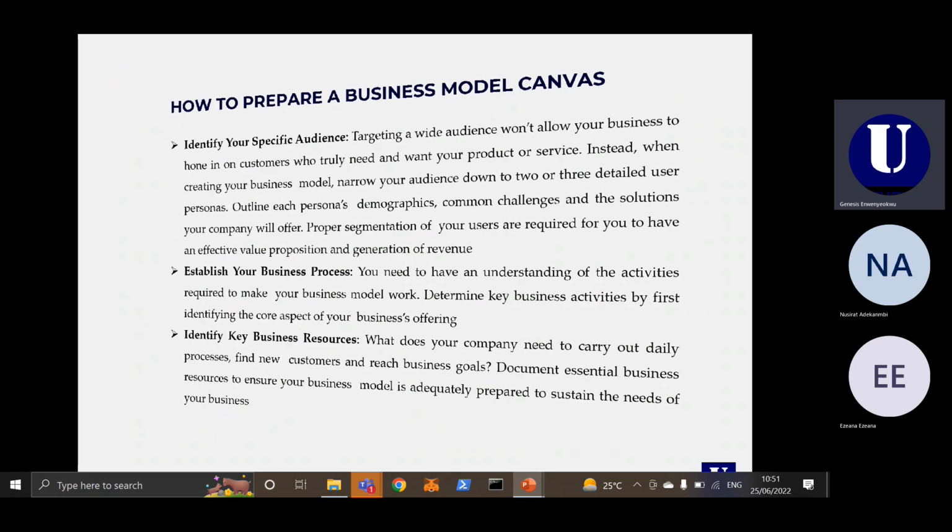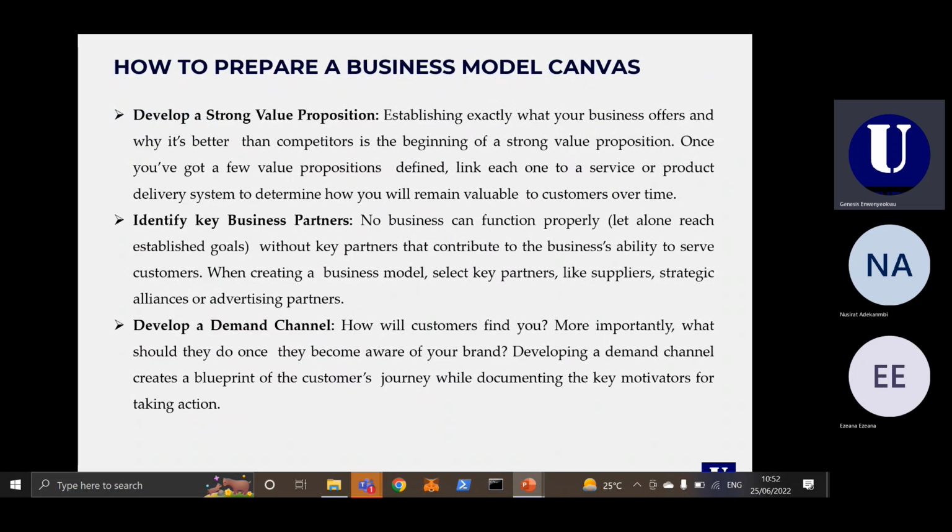And then you develop a strong value proposition. For a business model to thrive, your value proposition needs to be accurate because your customers are paying for your value proposition. And how do you understand the best value proposition for your customer? It is for you to understand what your customer goals, motivations, and frustrations are.